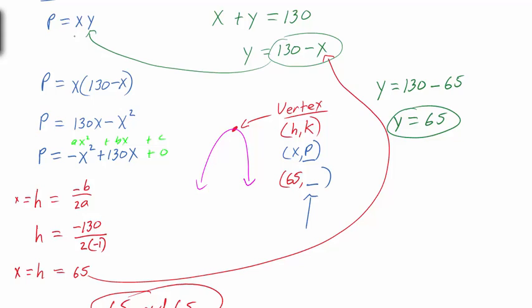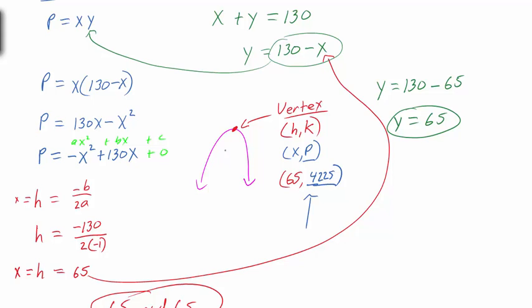So if you multiply 65 times 65, what does that equal? Well, 65 times 65 is equal to 4,225. So that is this value here, 4,225. So that would be the y coordinate, or the k, for our vertex.